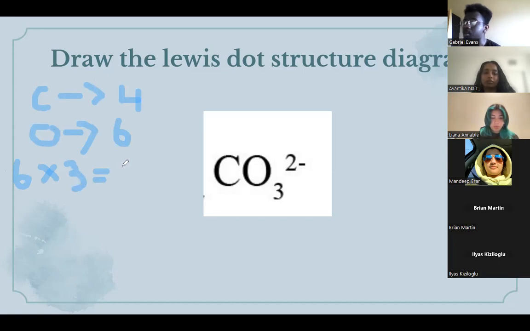And so in total, you should have 24 electrons because the -2 means that you're gaining 2 more electrons in this equation. So in the end, you should have 24 electrons.